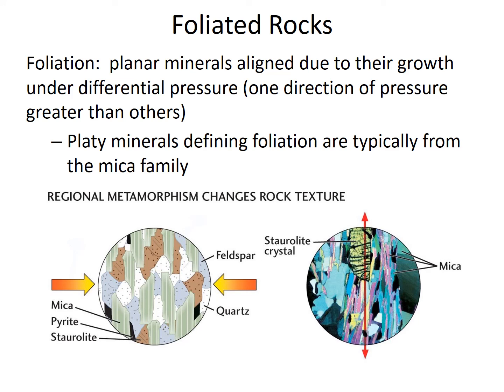So this gives the ability to form the foliation. Sometimes if you do not have this mineral alignment, a structural alignment like the platy appearance of the metamorphic rocks will give the foliation as well.